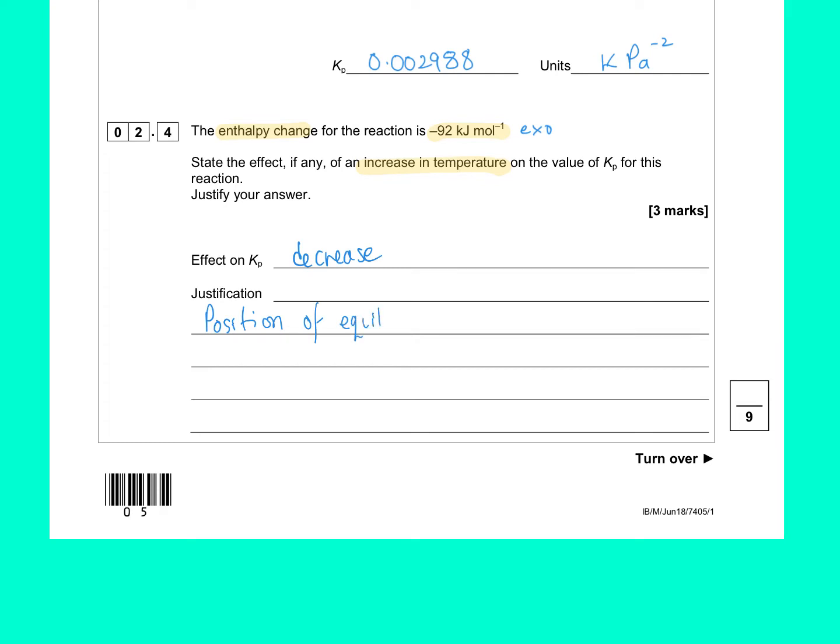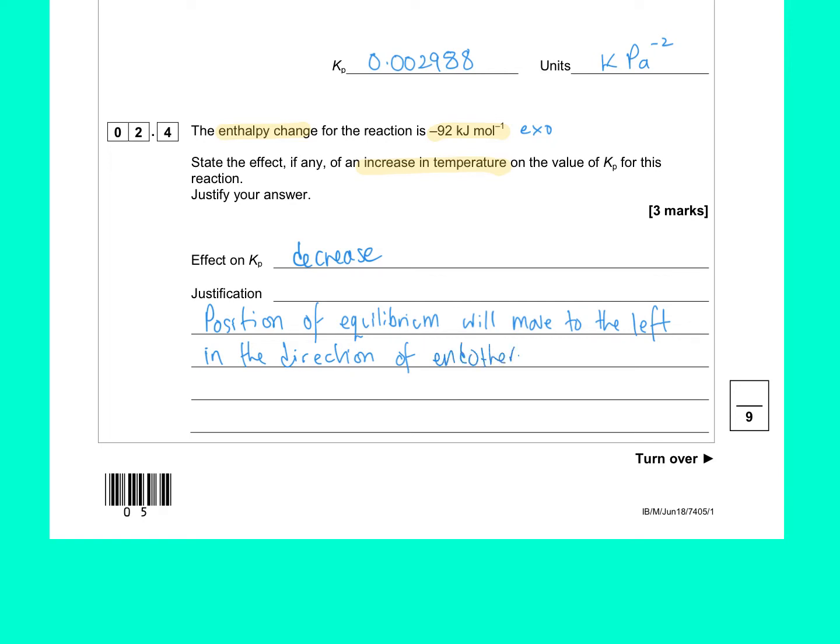Okay, so our justification then: the position of equilibrium is going to move to the left-hand side because it will favour the endothermic reaction, or it will move in the direction of endothermic change.